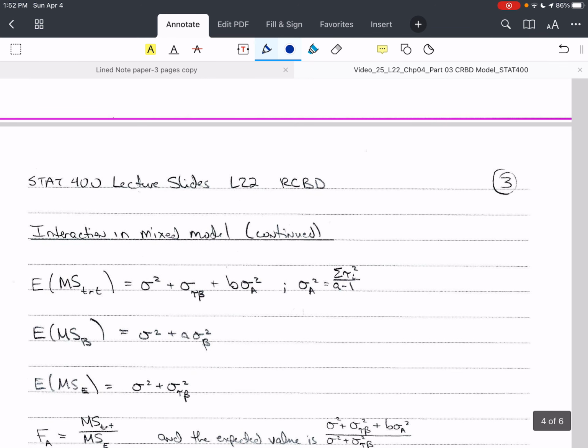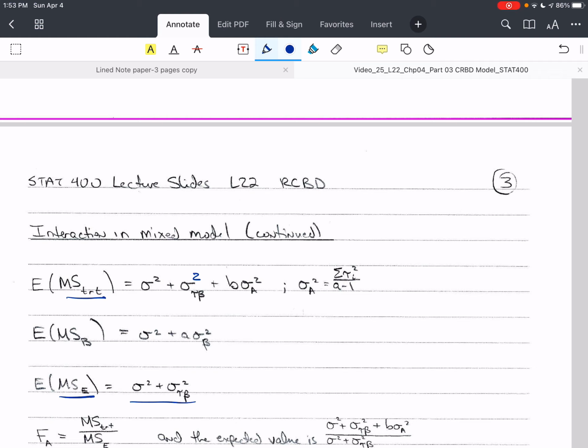Let's look at what happens when we have an interaction between the treatment and the block. You're going to have a variance component for the interaction in both the MSTRT and the MSE. If the treatment is fixed, then you don't have a variance component in the treatment effects, but you would have it in the error effects.